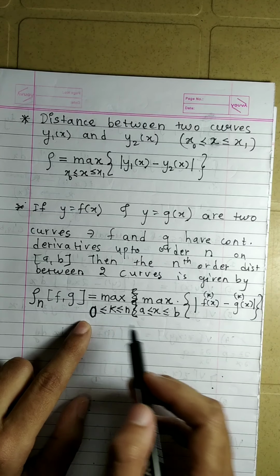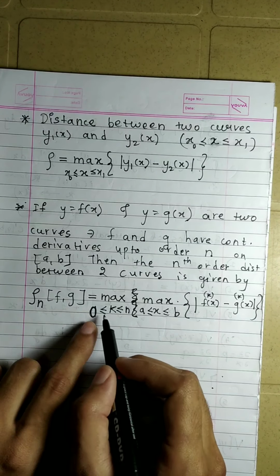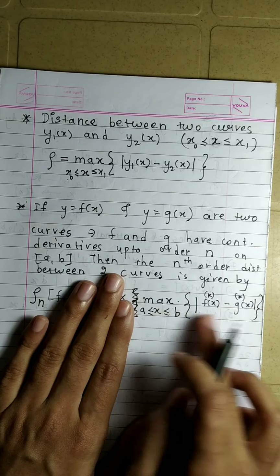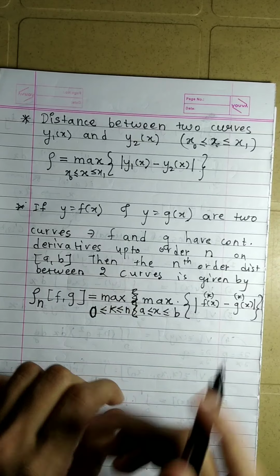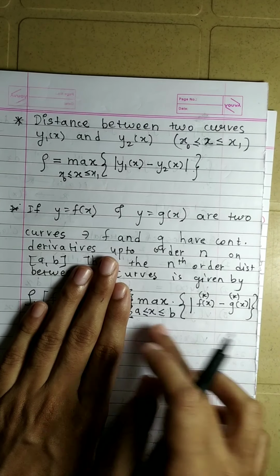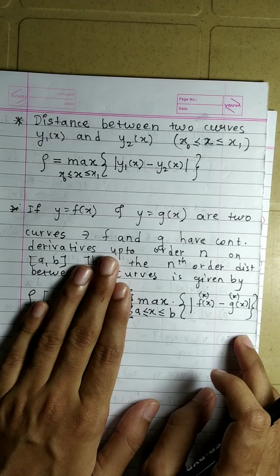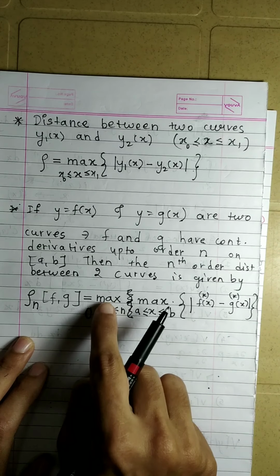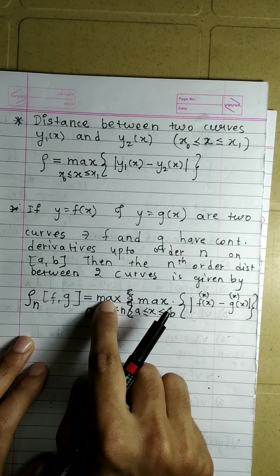First fix the k value to be 0, then calculate this, then fix the k value to be equal to 1, and then again calculate this. Then you will get two numbers. From among those you have to choose the maximum one.